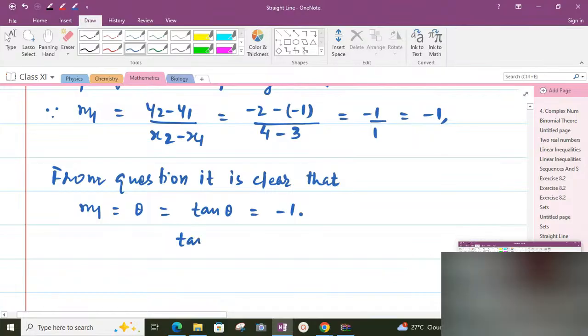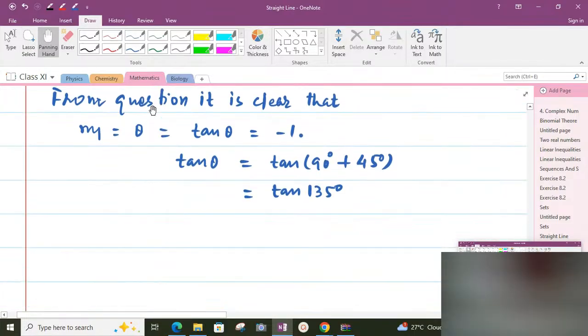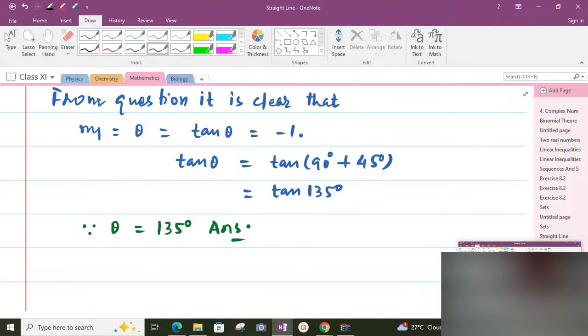So we write tan theta equals tan of 90 degree plus 45 degree, which is tan 135 degree. Now we cancel tan on both sides, then we get theta equal to 135 degree. So the answer of this question will be 135 degree. Hope that there is no problem to understand the solution of this question.